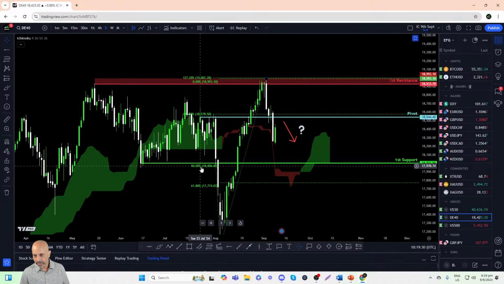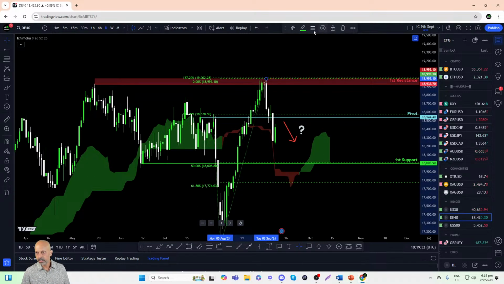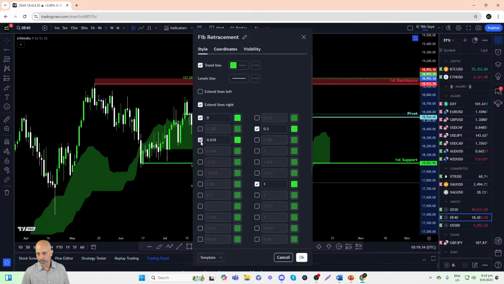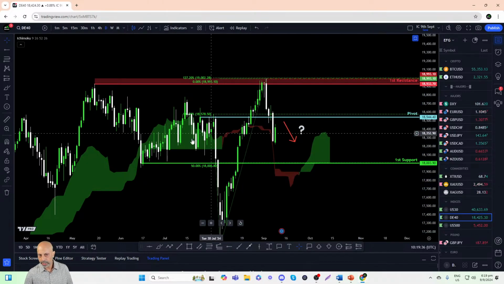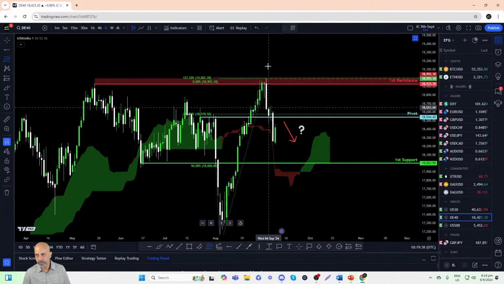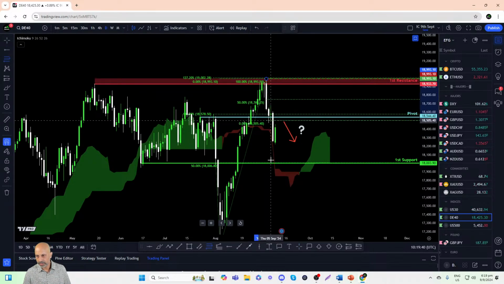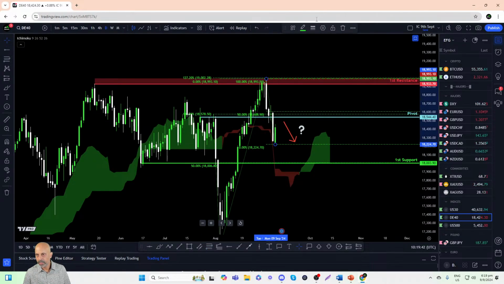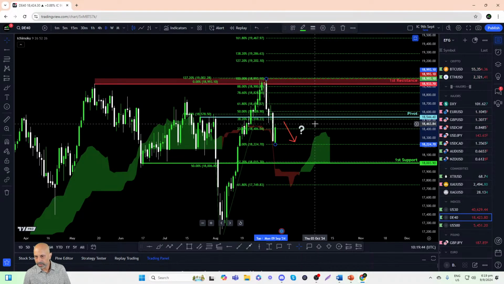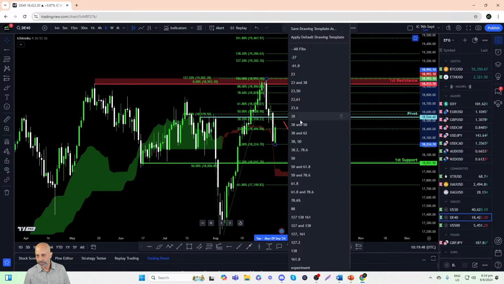So when I look at this level here, we can get rid of 61.8%, and we can also now run a Fibonacci retracement from the all-time high on 3rd of September going down to the low of today. Let's pull up all the fibs. We can see that there's a 38.2% retracement level that sits pretty well with the pivot.